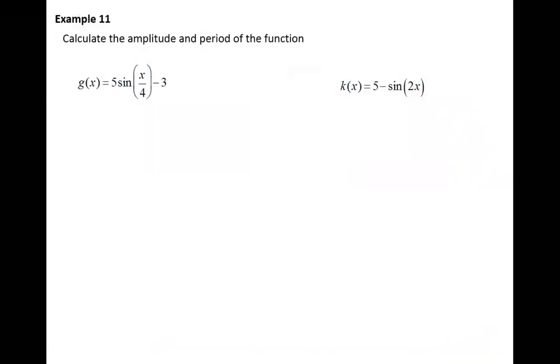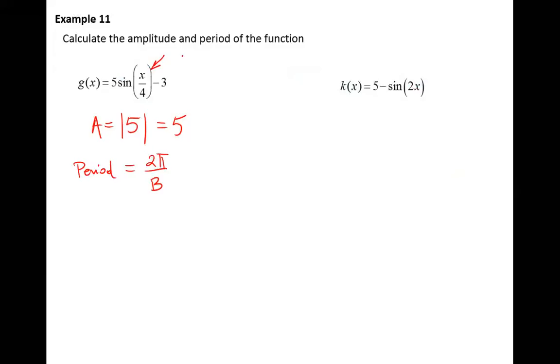Calculate the amplitude and period of the function. We can see right away that the amplitude is 5. It's always that number. Maybe that's obvious, but if this number is negative, it's still positive. Please remember, okay? That means amplitude is 5, and we can compute a period. Period is always 2 pi over the quantity b.